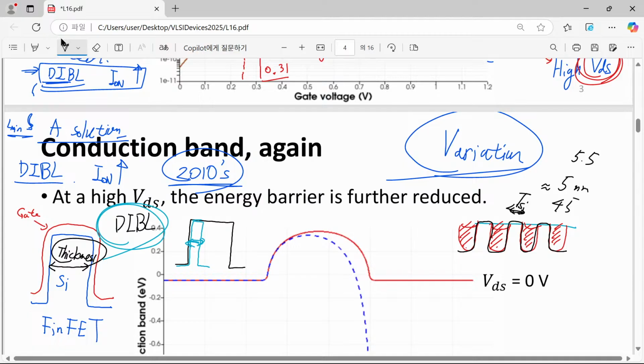Since our ability to control the device really depends on this thickness, if there occurs a fluctuation of this thickness, how can we make a fluctuation if our photoresist pattern is not perfectly uniform?